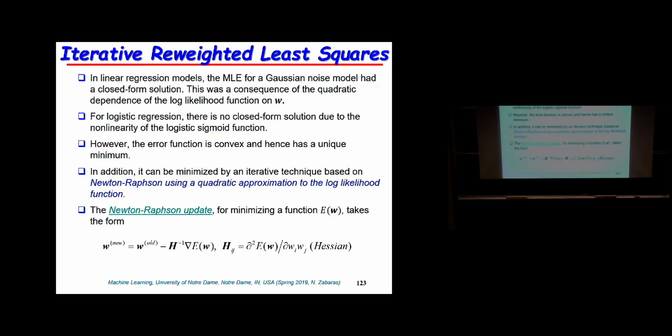But basically, there is nothing new here. The method is nothing else but what's called a Newton-Raphson update. What I'm giving you in the equation at the bottom is an update of W, where H is the Hessian, the second derivative of the loss function with respect to the parameters, and this is the gradient.